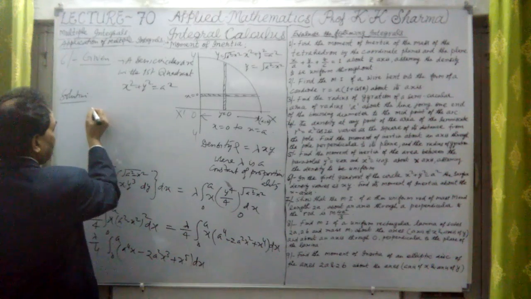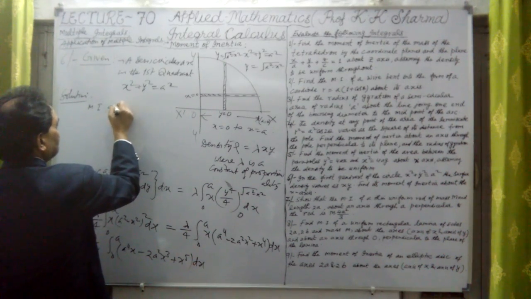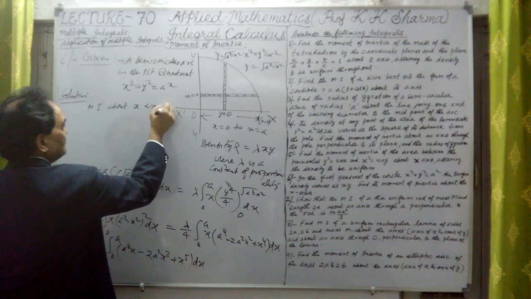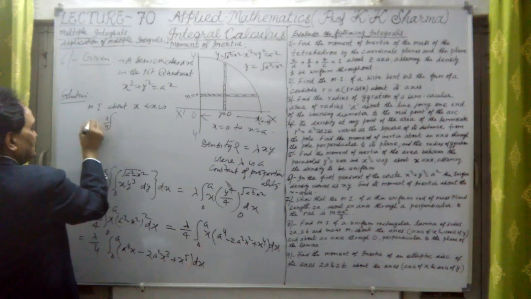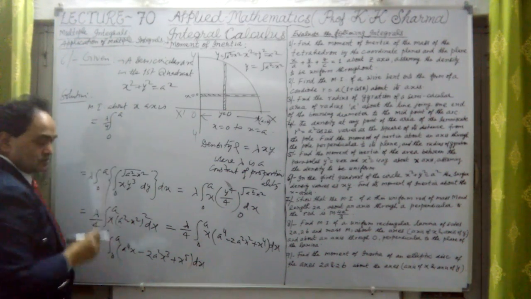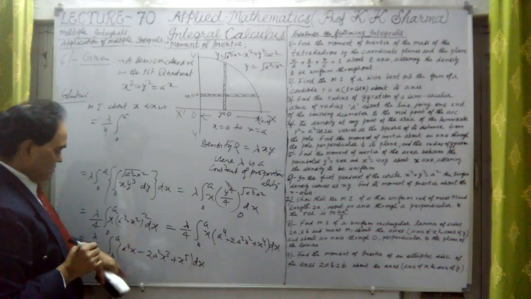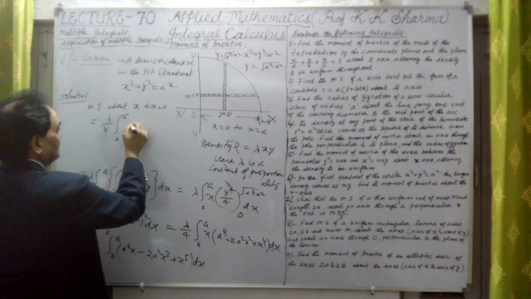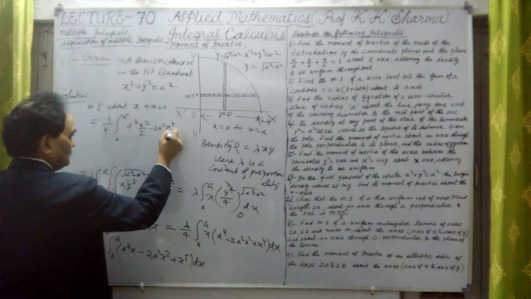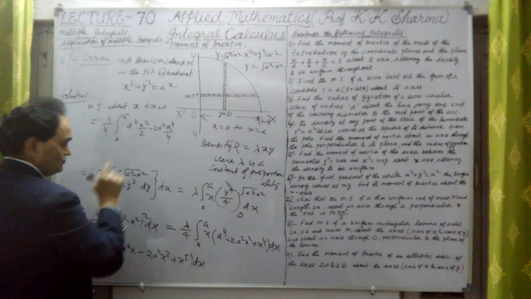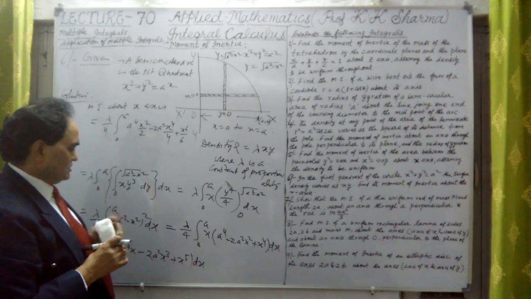MI about the x-axis is equal to lambda by 4, with 0 to a limits. Now integrating a⁴ into x, that means a⁴ into x square upon 2, minus twice a square into x⁴ upon 4, because x cube integrated is x⁴ upon 4, plus x⁵ integrated as x⁶ upon 6.